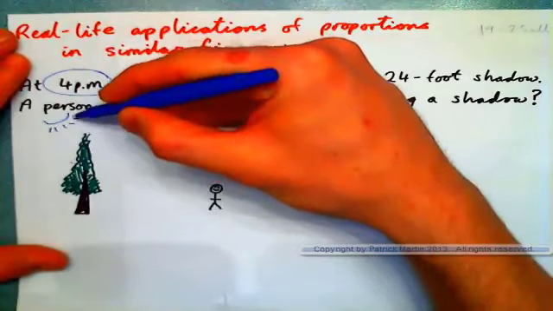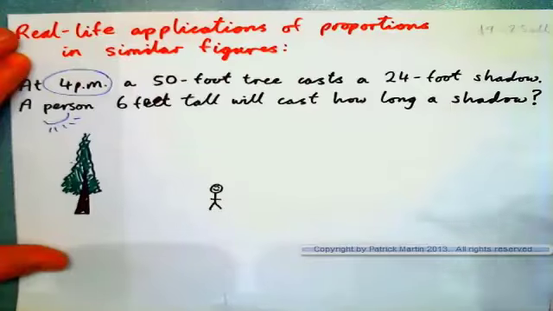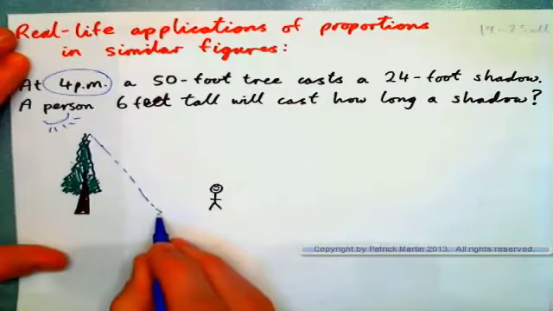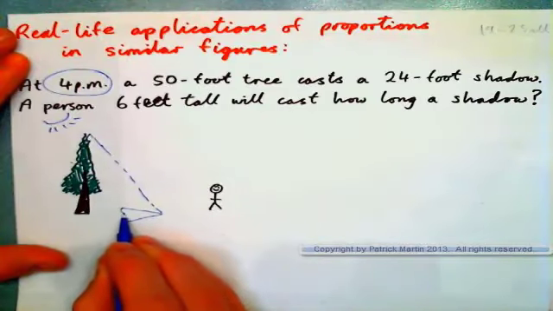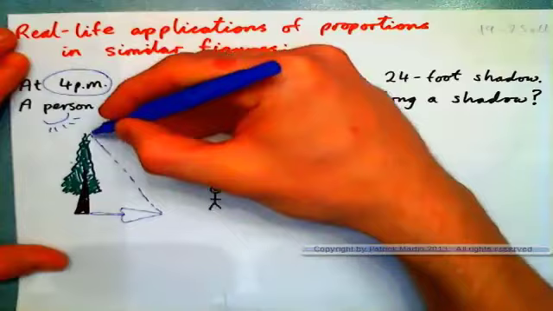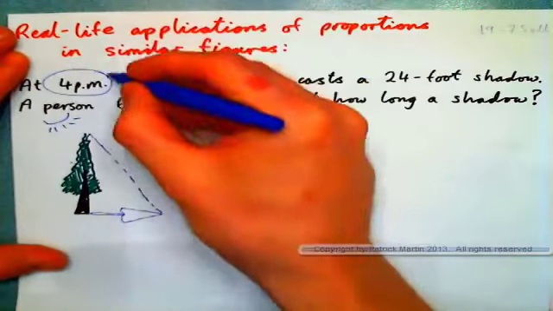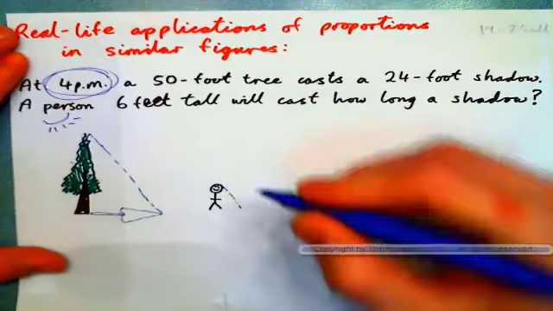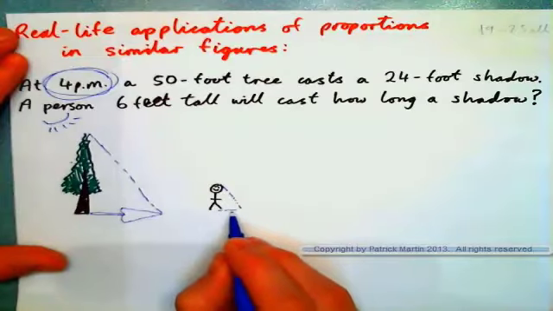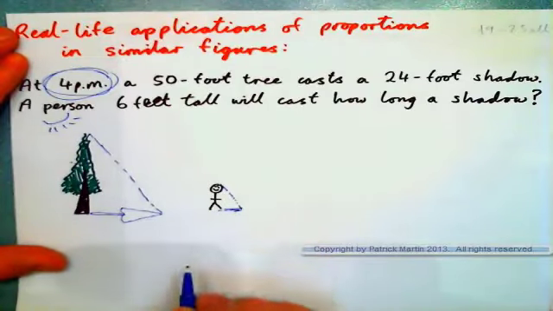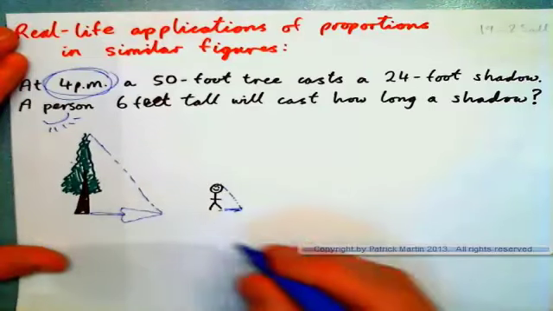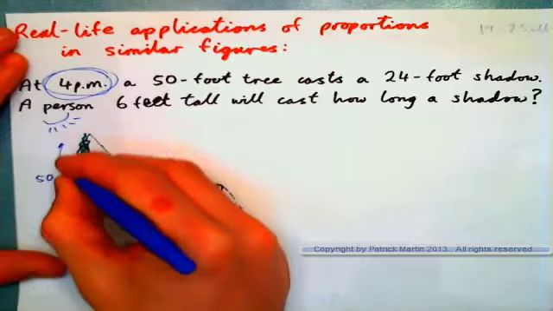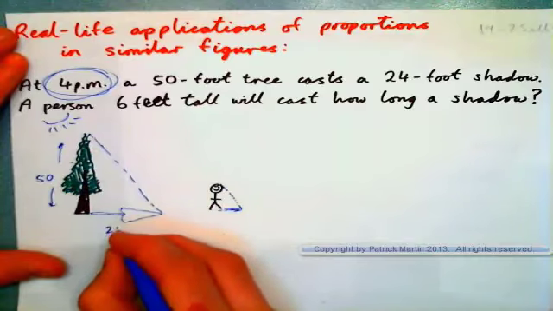So when the sun shines down, the tree will have a shadow of itself on the ground, like that. And the point is that at the same time of day, the angle that the shadow makes is going to be the same. The length of the shadow proportionally on the ground will be the same at the same time of day. So what we're told is the tree is 50 feet high, and the shadow is 24 feet long.